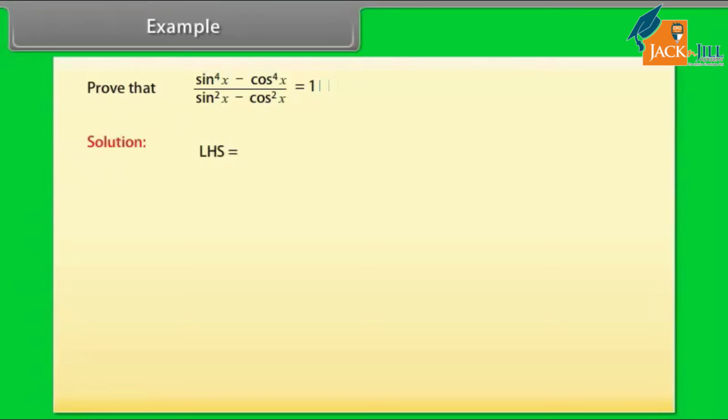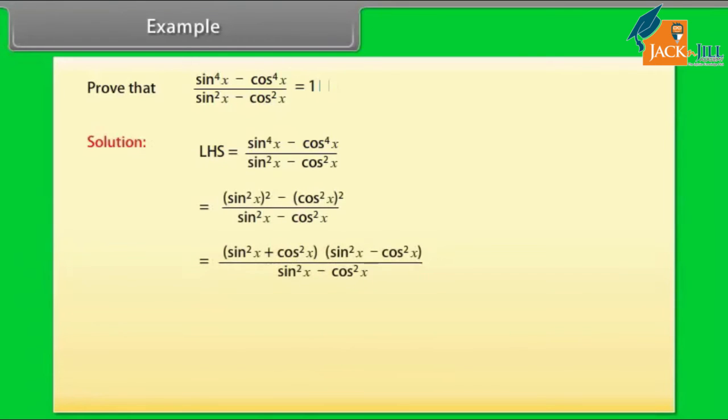On solving the left-hand side, which is sin raised to the power 4x minus cos raised to the power 4x, whole upon sin square x minus cos square x, we get 1, and this is equal to the right-hand side. Hence, the expression is equal to 1.